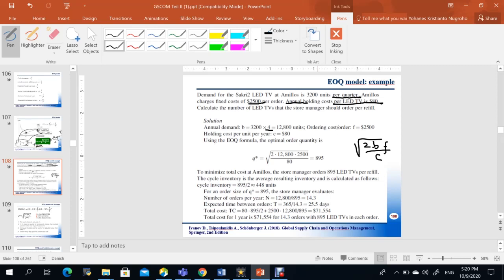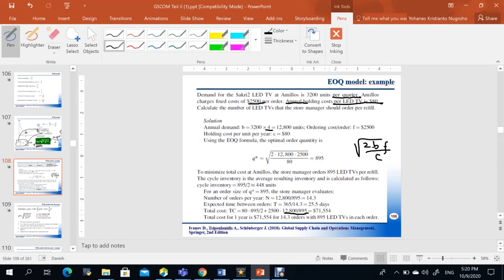The total cost is therefore equal to 80, that is the holding cost, times 895 over 2, that is the average inventory, plus 2,500, that is the ordering cost, times the number of orders, that is 12,800 divided by 895, 14.3.